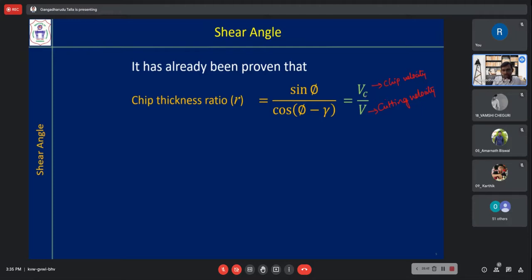Now you have to understand that chip velocity is different, cutting velocity is different. Chip velocity is always less than the cutting velocity. Why? Any reason?